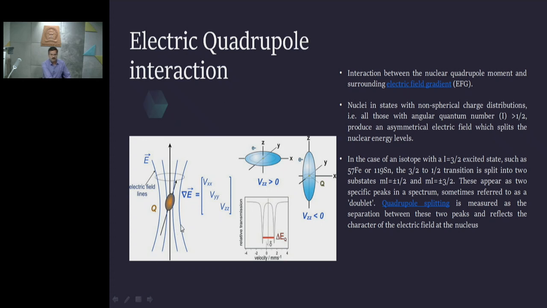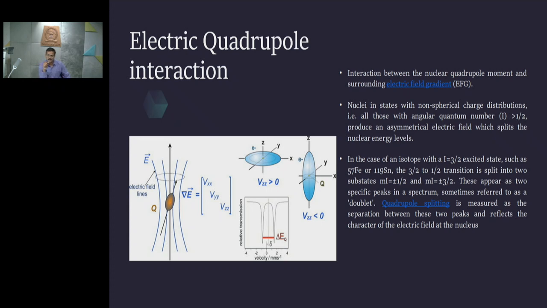So here this image tells us how. This is the nucleus having its own nuclear quadrupole moment, while these are the surrounding fields, the electrical field gradient. So there is an interaction between the nuclear quadrupole moment and the electrical field gradient. That interaction leads to an asymmetrical interaction and splits the nuclear energy level.